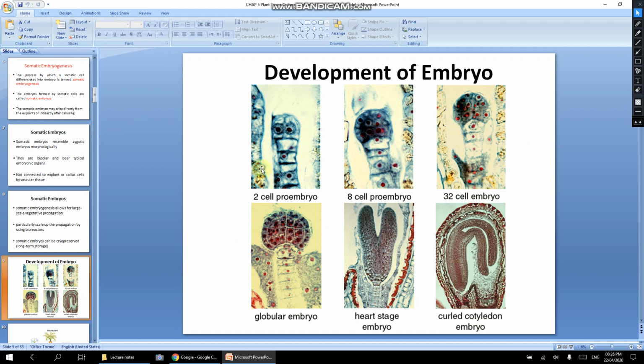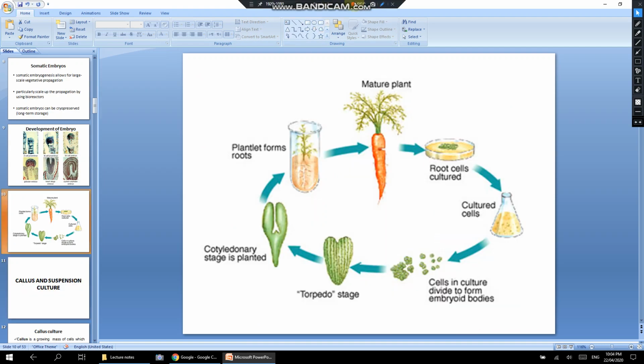So this is how it looks like: 2-cell becoming 8-cell, 32, and eventually a complete cell. Okay, and another example of organogenic traits or somatic embryos is you take a piece of a mature plant and you culture it on the media, and then it grows bigger and eventually becomes torpedo stage and cotyledonary stage, and eventually it becomes a complete full plant.